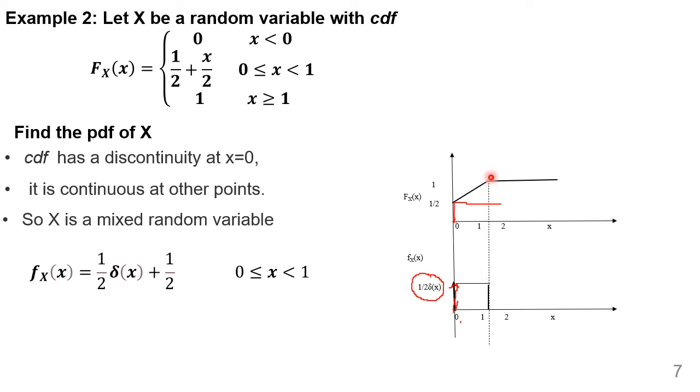And later on, it remains constant. When we differentiate this, we are going to get it as 0. So therefore, f_X(x) can be written as half delta of x plus half for all the values of x varying between 0 to 1.